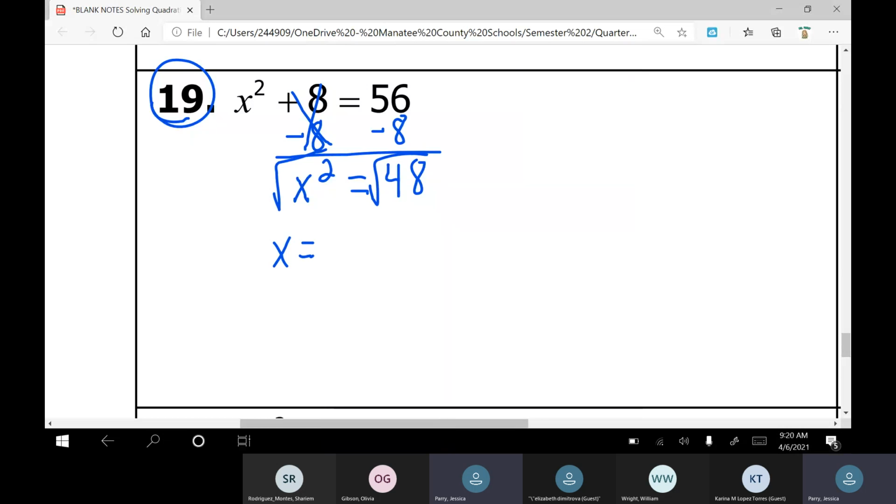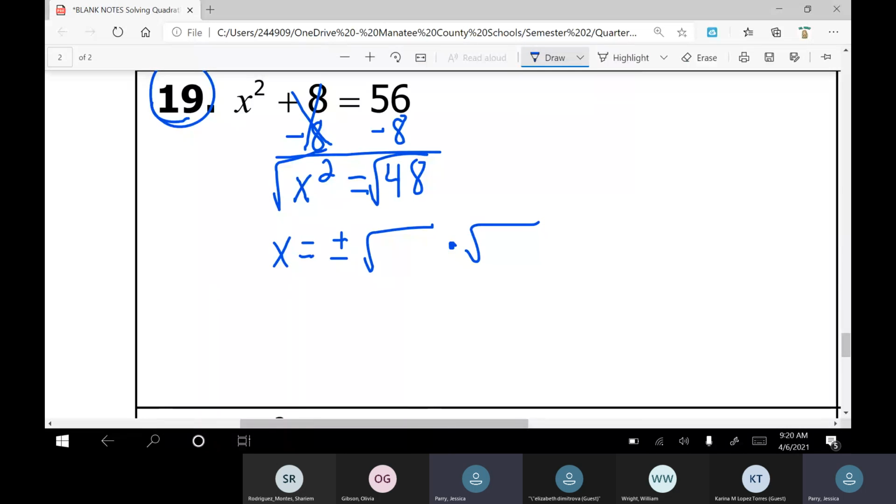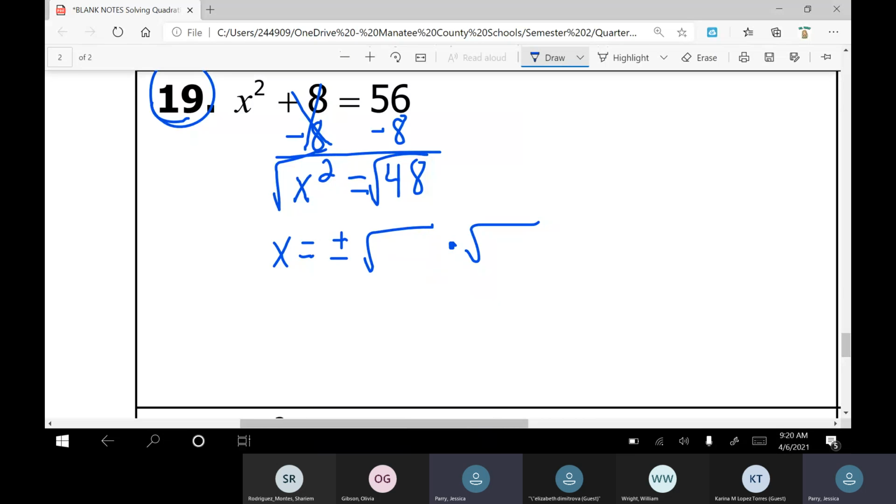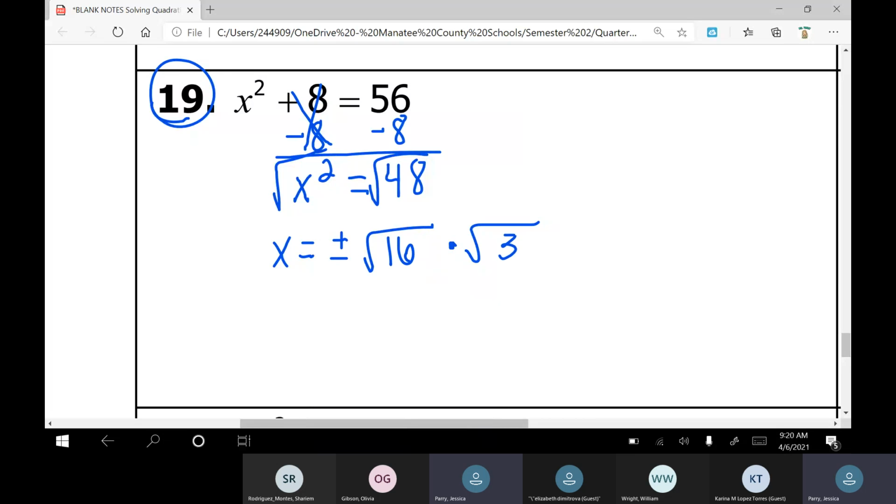So we can't take the square root of 48, but this one we can actually split it up into 2 different perfect squares. I know I've got a positive and a negative. So I'm going to make this one a perfect square times the not perfect square. So this one that goes here is perfect square. You can actually do, we need to figure out what times what is 48, where the first one is a perfect square. So for this one, we can actually do 16 times 3, because 16 times 3 is 48, and 16 is a perfect square.